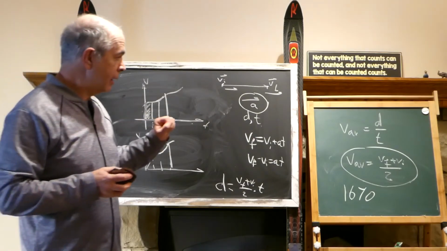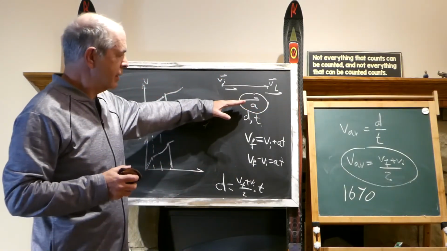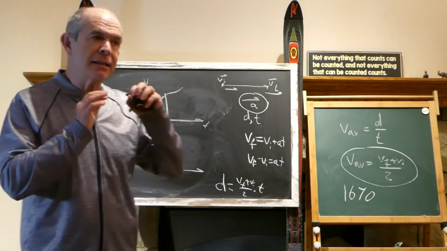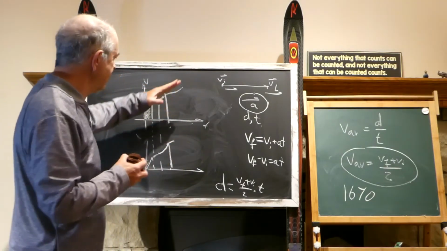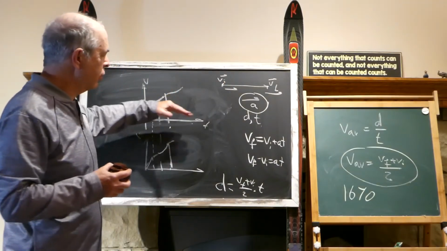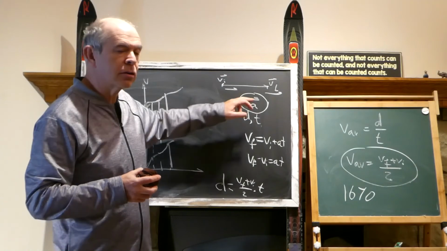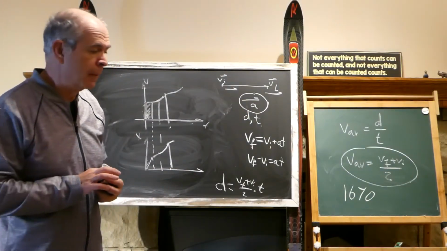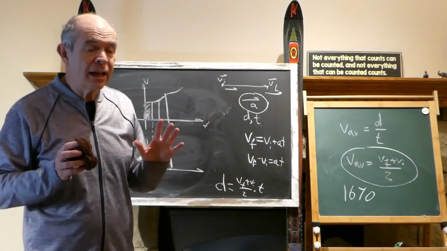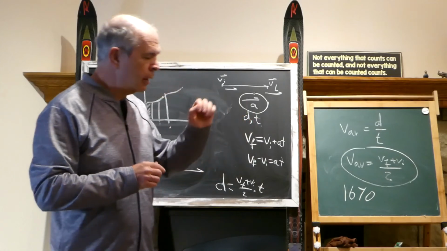But for the time being, all I wanted to say is that the average for constant acceleration is described with a simple formula, and that the simple formula is a direct result of constant slope on the graph of velocity over time, and this constant slope is a direct result of acceleration being constant. And so if acceleration is constant, this is true. In other cases it's not, and I wanted to make it very clear.